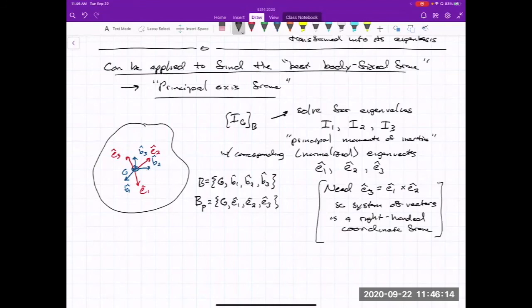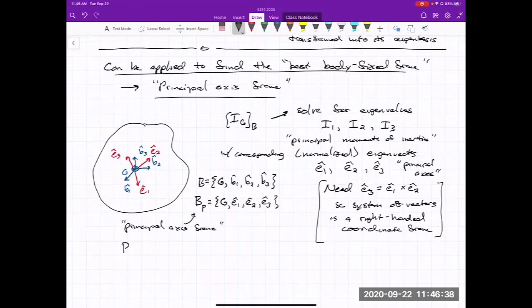Then these E1, E2, and E3, just like the eigenvalues are called the principal moments of inertia, are called the principal axes. And this frame is called the principal axis frame.